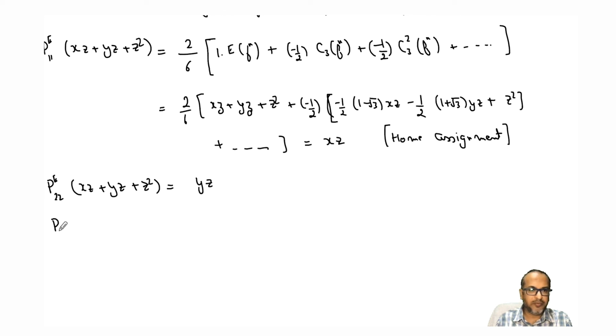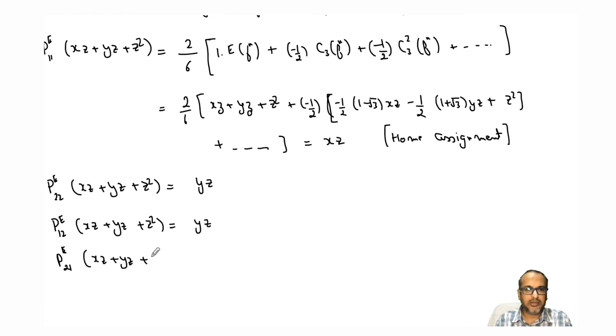So P12 of E operated onto this function gives you yz, and P21 on xz plus yz plus z square gives you xz, right?